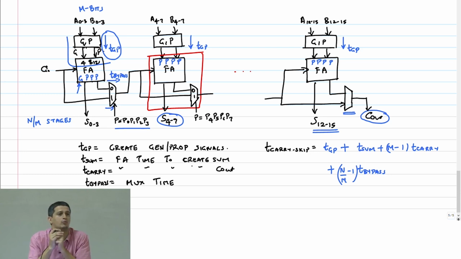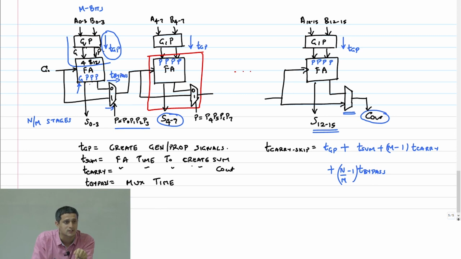That's also a very good point. His point is that in the first stage, the ripple worst case time that we derived earlier for the ripple carry adder was for both sum and carry to be ready, T sum and T carry. That's why we said it should be T sum plus M minus 1 into T carry.